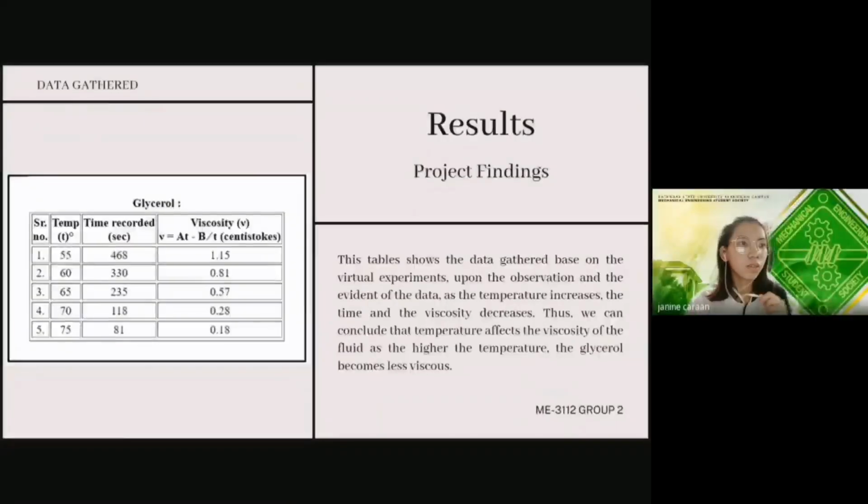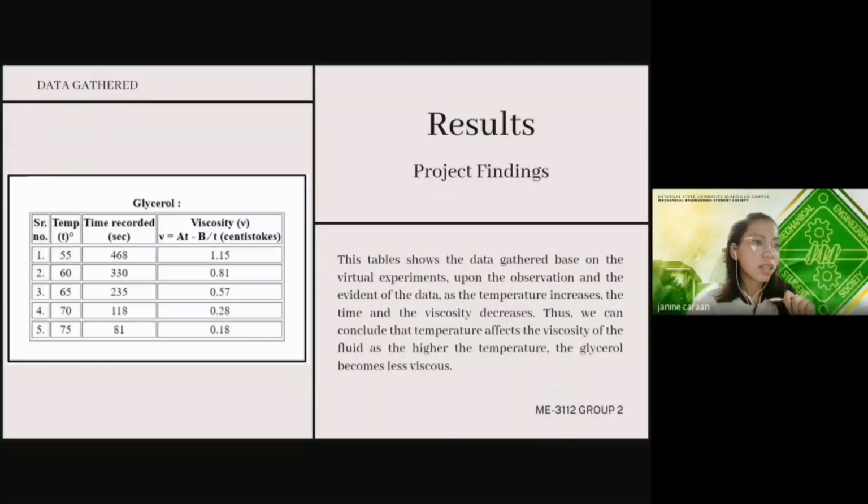So let's move forward to the data gathered for the glycerol. At 55 degrees, the time recorded is 468 seconds with a viscosity of 1.15 centistokes. At 60 degrees, we have 330 seconds and 0.81 centistokes.